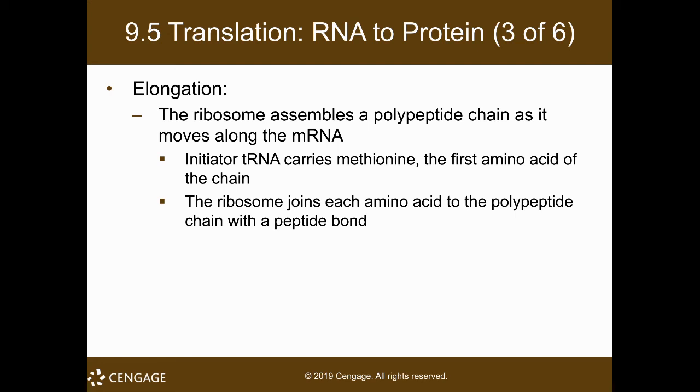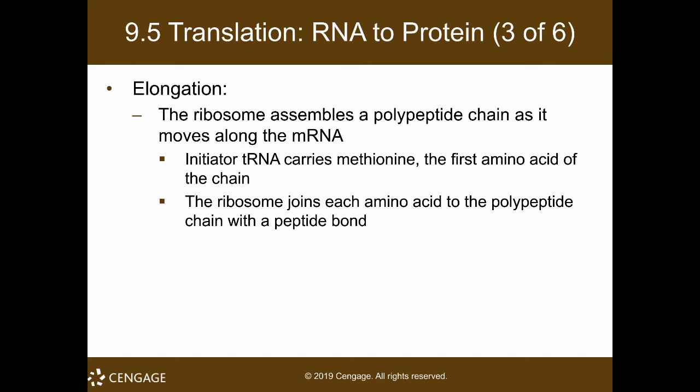The next tRNA encodes for the next codon on the line, the codon after AUG. The tRNA that contains the anticodon for that will enter, and that tRNA carries the amino acid. So the next amino acid will be joined by the ribosome to form your nascent polypeptide chain.